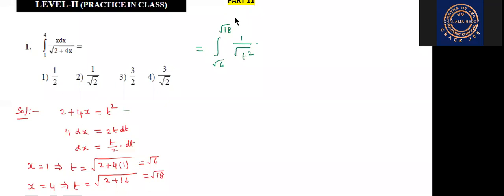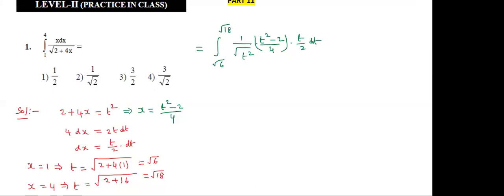What is the x value? Observe that x is t square minus 2 divided by 4. This is the x value. T square minus 2 divided by 4 into the dx value, t by 2 dt.